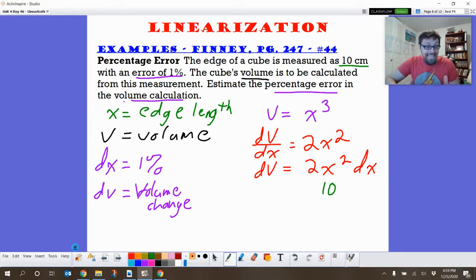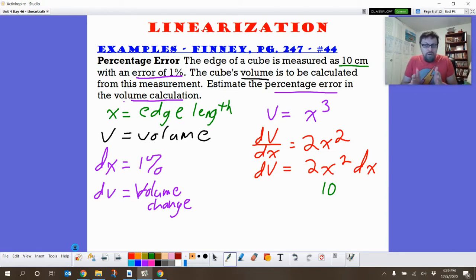To put that in, we need to take into account that edge length, because if we were measuring a cube that was 100 centimeters and our error was 1%, then we would be a centimeter off. But that's not how big our cube is. Our cube is only 10 centimeters.